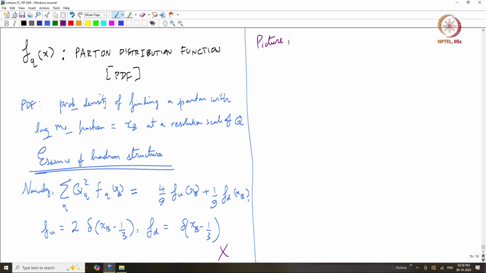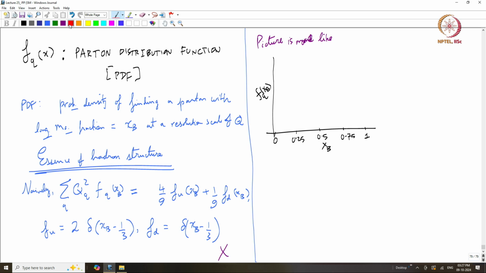because the picture is more like this, let me draw this. After you measure the PDFs, this is what you see, this is xb, this is 0, 0.25, 0.5, 0.75, 1, and the y axis is whatever it is. There are no real units here to speak of.